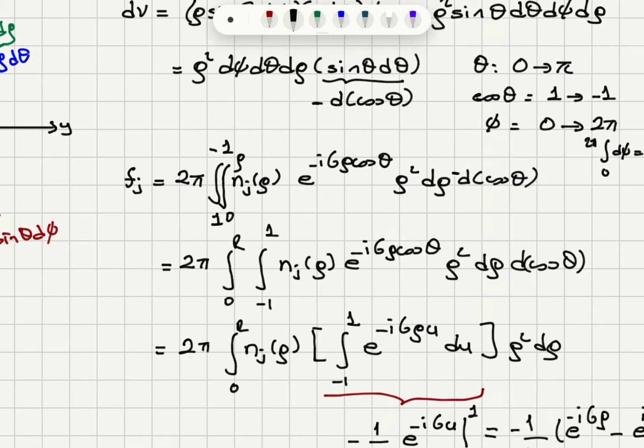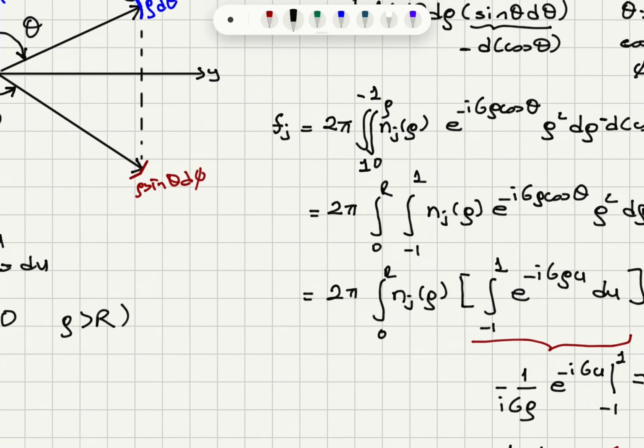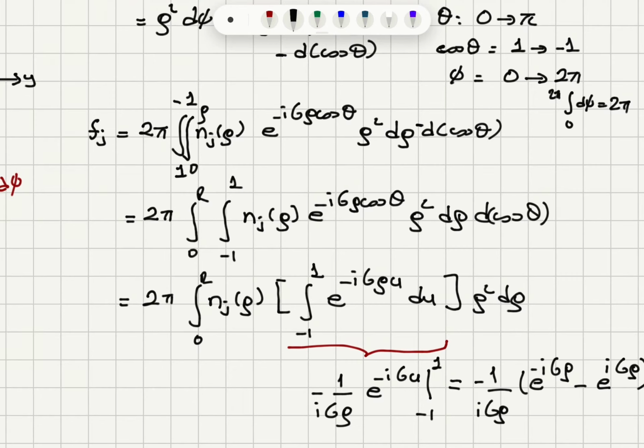And 2 pi integral from 0 to R, well, basically I'm assuming that the electron concentration is 0 for radius rho that is greater than capital R. Basically that's the radius of the atom. Okay, and so with that we have the integral from 0 to R, integral from minus 1 to 1, and j of rho e to the minus i g rho cosine theta, rho squared d rho d cosine theta.